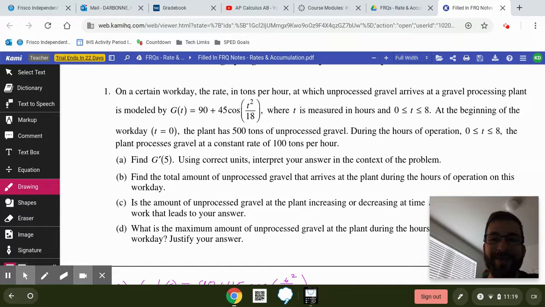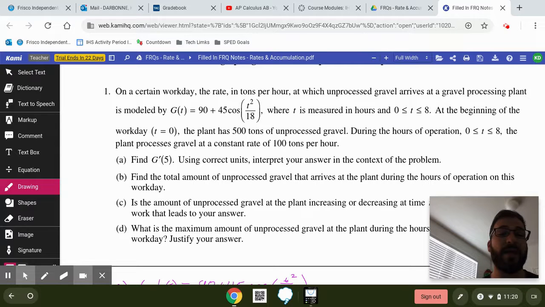And at the same time, during the hours of operation, 100 tons are processed each hour. Okay, and that's constant. We're always processing 100. So the amount coming in is changing. The amount being processed is not changing. It's always the same. Okay, so we want to compare those two things to each other.